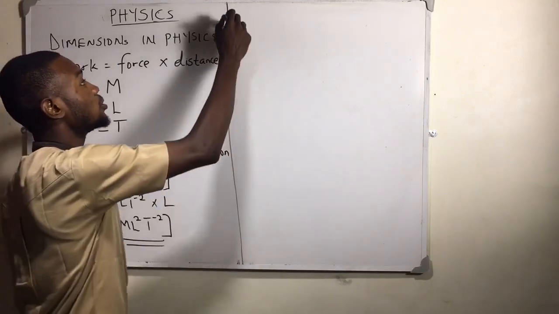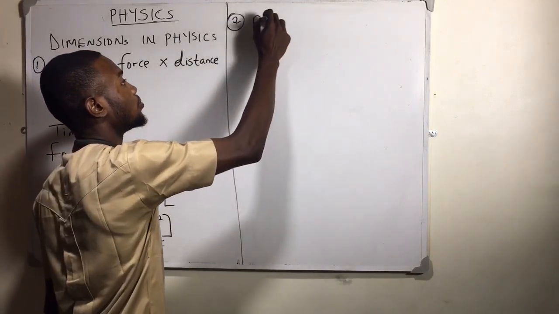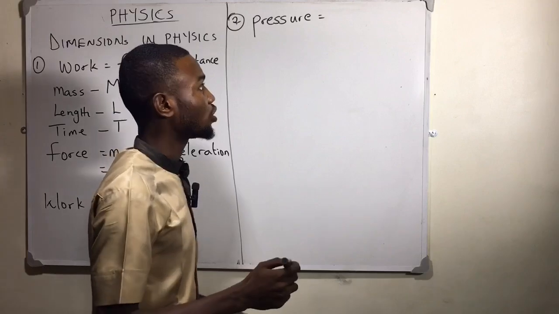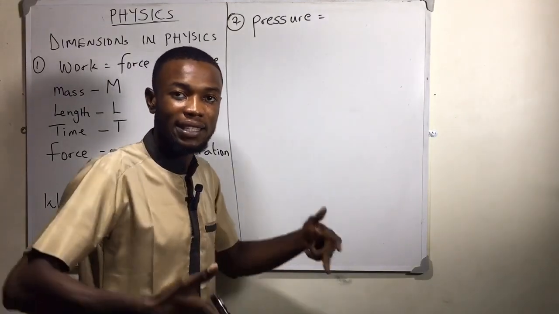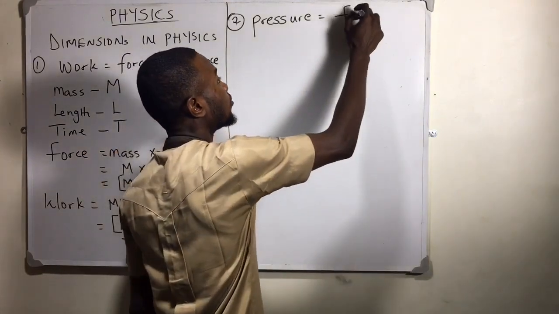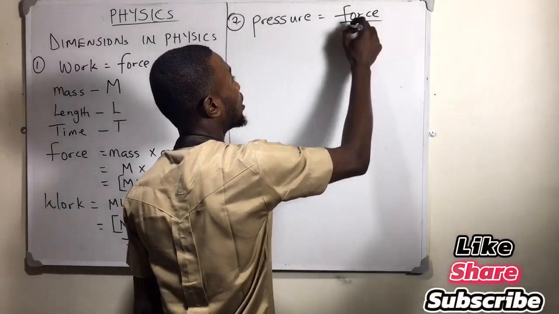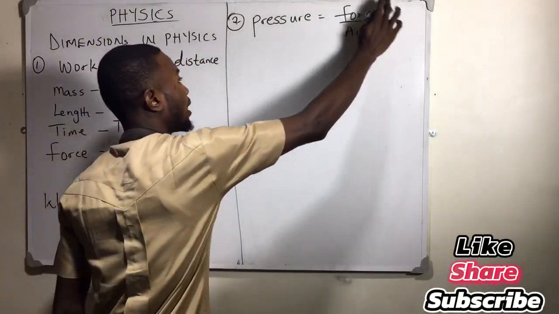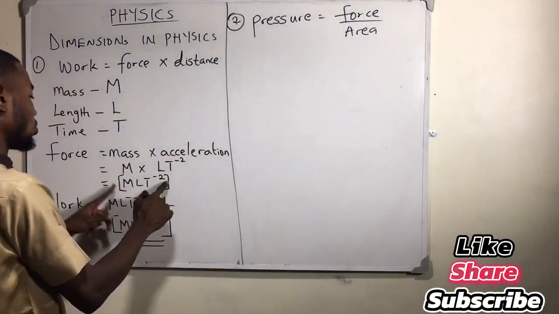The next one we are going to be checking is called pressure. And we know that pressure is force over area. That is the force which is applied on a particular area. So we have it to be force over area. Now, we already have the dimension for force, which we just solved.